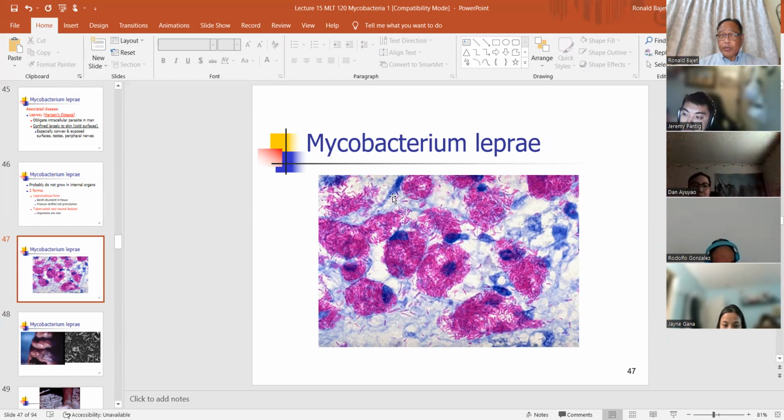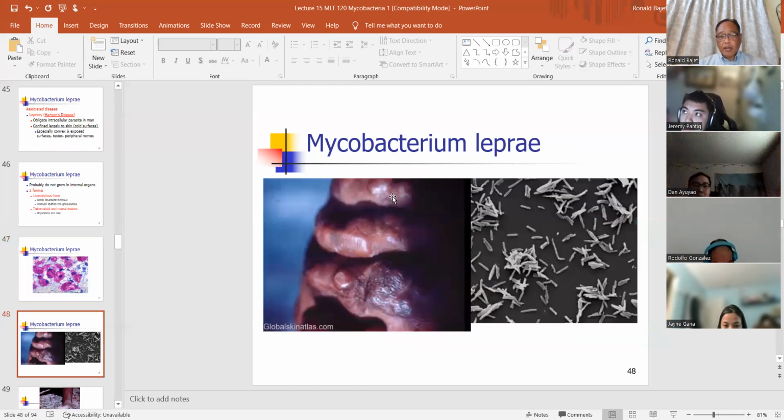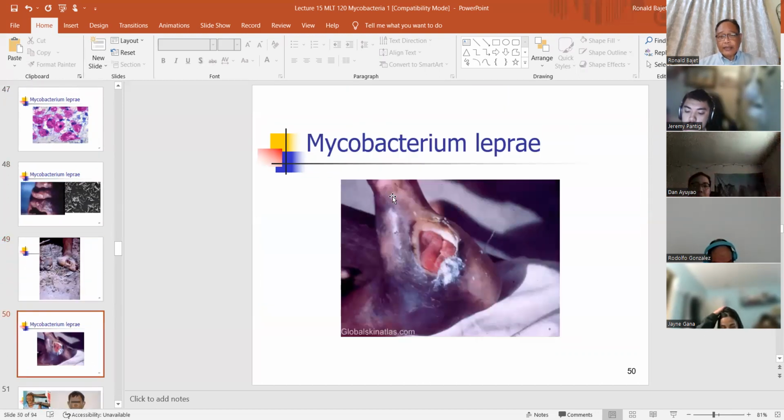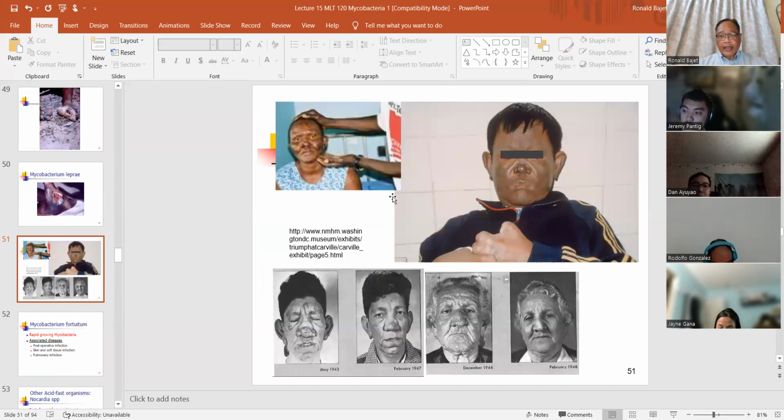If you see only 1 or 2, you have to request another sample and then redo the procedure of digestion and decontamination.